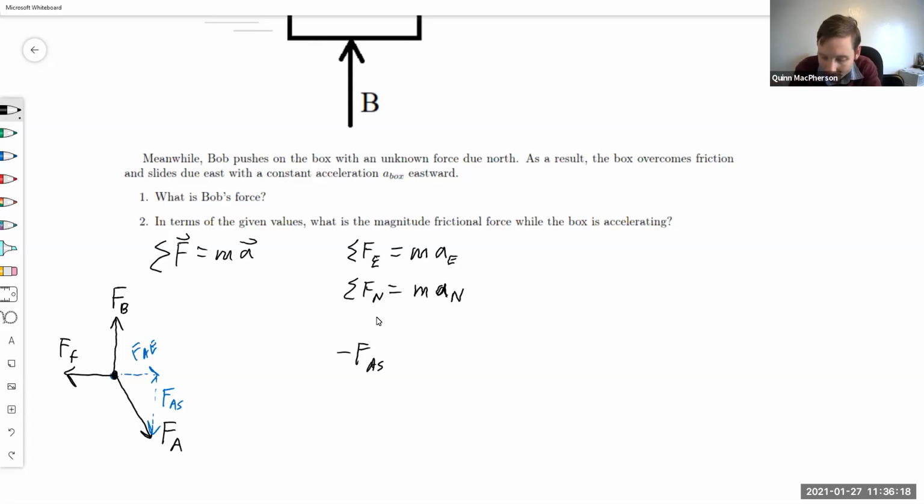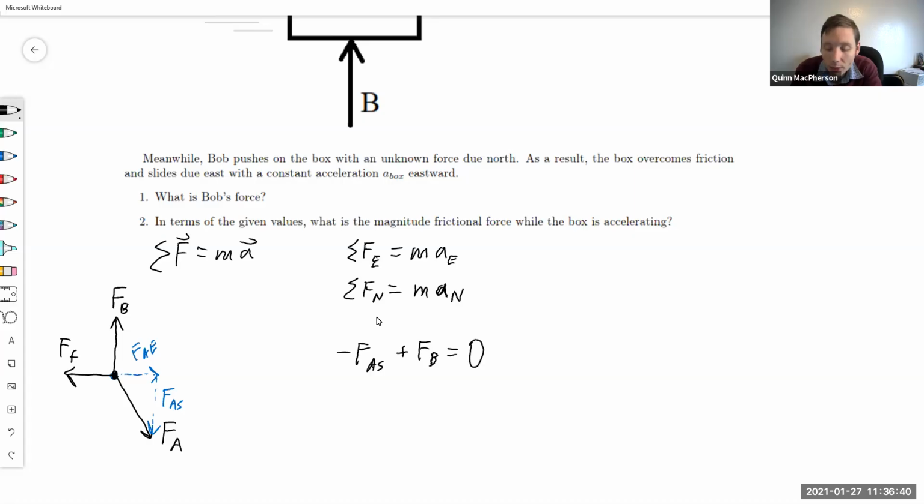North will be positive for me. So minus force Alice south plus force Bob, and it's all of force Bob because he's directly north, is equal to ma north. It's accelerating due east, so its acceleration in the north direction is 0.